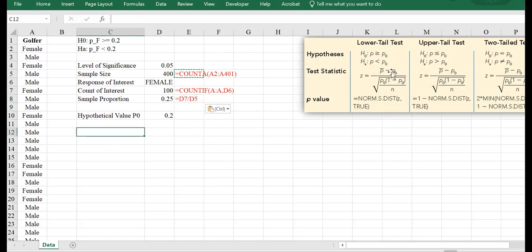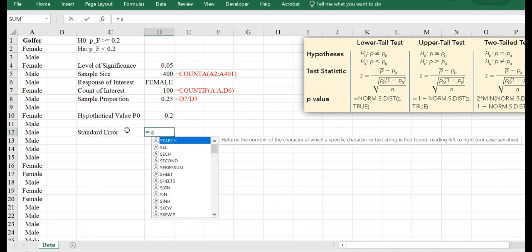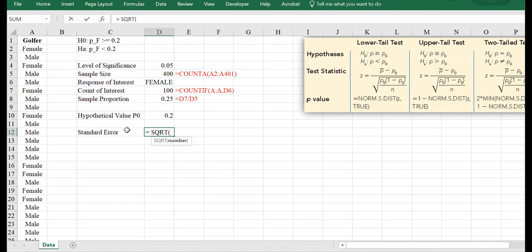Now I have the hypothetical value and the sample proportion. I'm going to find the standard error, which is the denominator in the test statistic formula. It's the square root of P0, the hypothetical value, times 1 minus P0, divided by the sample size n, 400.